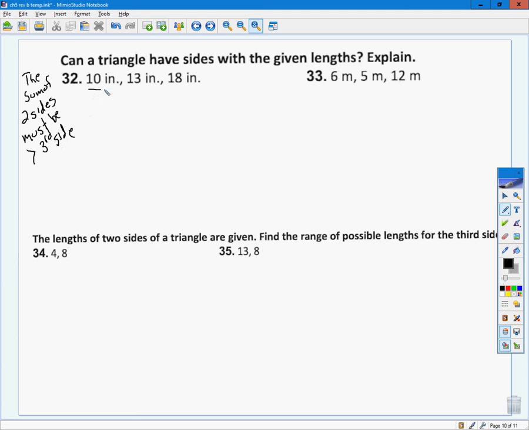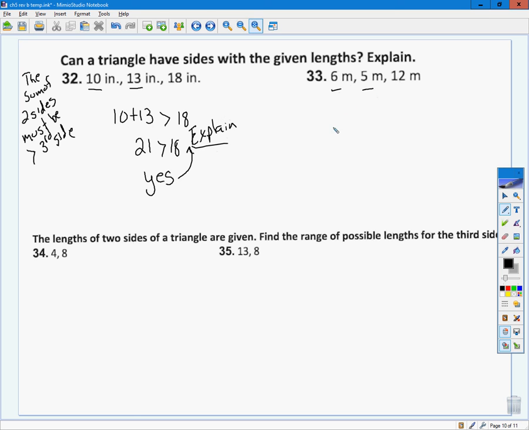So I take the two smallest sides, I use their sum, 10 plus 13, and see if it's greater than the third side, 18. 21 is bigger than 18, so yes, this would make a triangle. And this technically is my explanation.